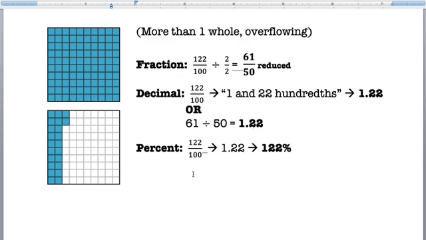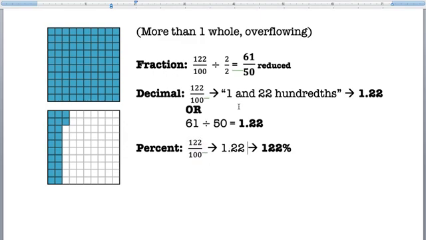For the percent, again, it needs to be out of 100. Oh, well, you look at that. It's already out of 100, right? So it's going to be 122%. So you really don't even need this part right here. As long as you can get it out of 100, you can write it down as 122%. It's just that number above the 100.